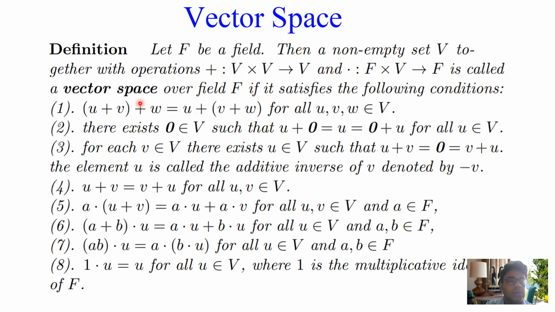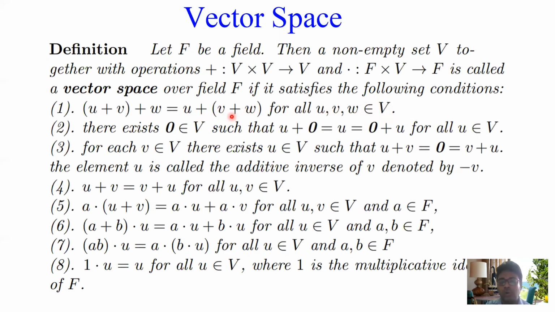Number 1, (U plus V) plus W is equal to U plus (V plus W) for all U, V, W belonging to V. U, V, W are the elements of the non-empty set V. So from here it is clear that it is a single operation you have.